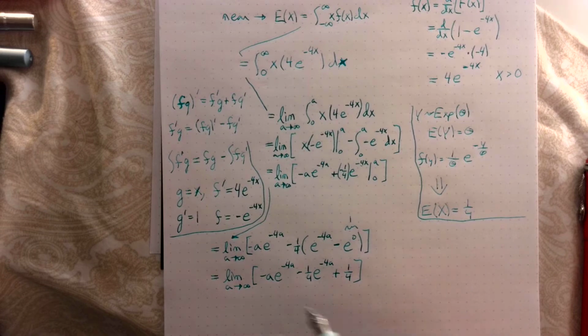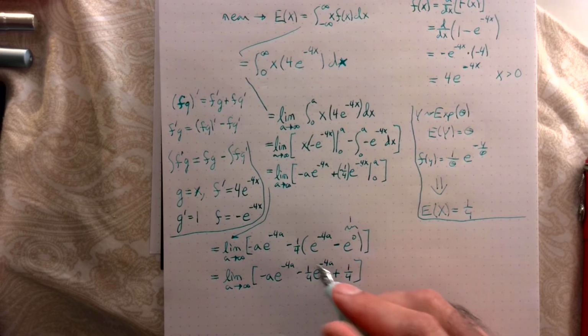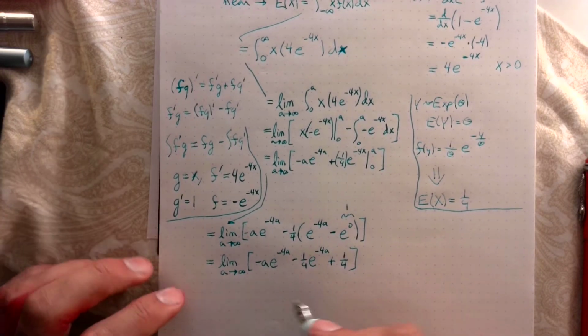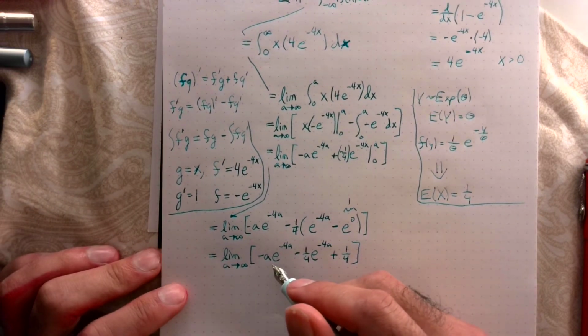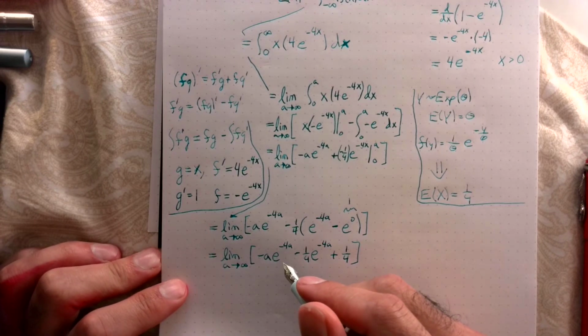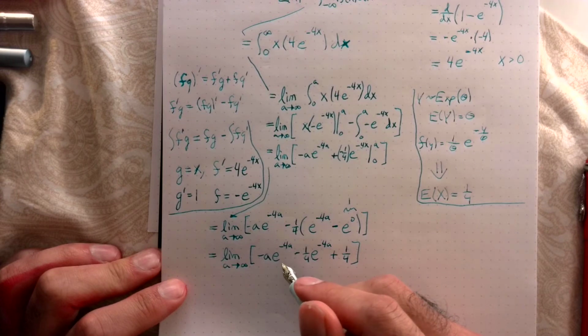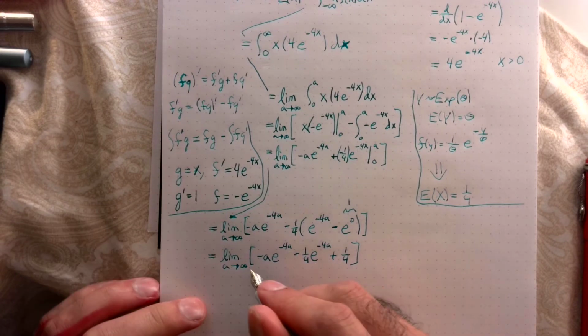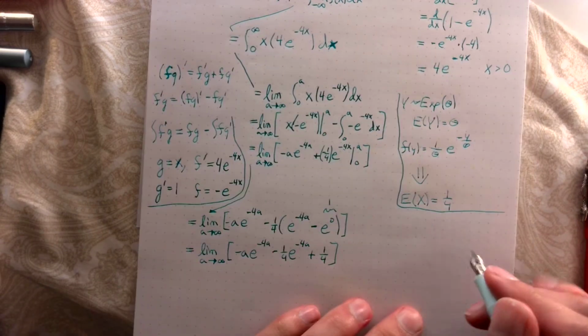Right, so now to evaluate this limit, the limit of this term is definitely going to go to 0, right? The limit of this term, because we're basically going to have a L'Hopital's rule situation. So we can do that. Why not? Let's do it. So let's calculate this on the side.